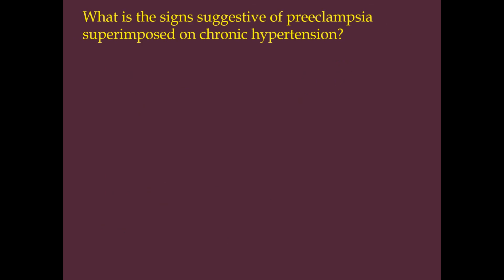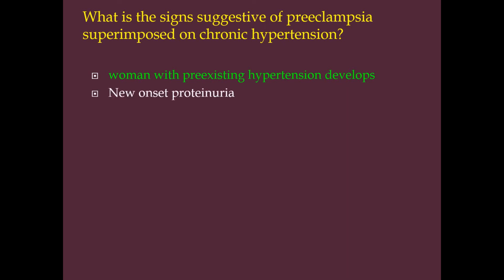So what are the signs suggestive of superimposed preeclampsia on chronic hypertension? In a woman with pre-existent hypertension, development of a new onset proteinuria, and put 2 lines below new onset proteinuria. Remember when we started this lecture, we said you have to classify your patients into high risk group and low risk group.